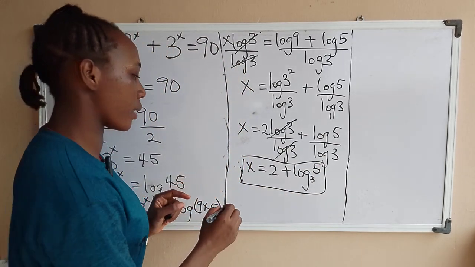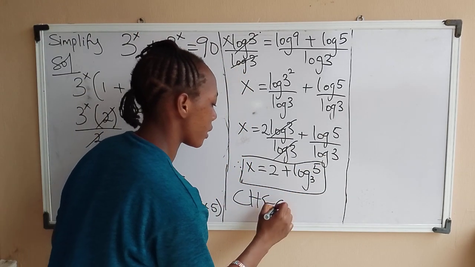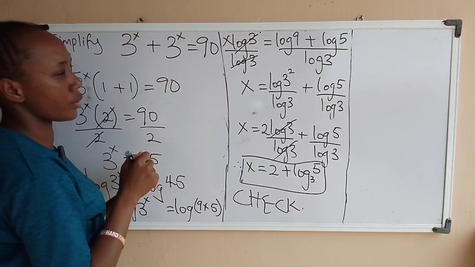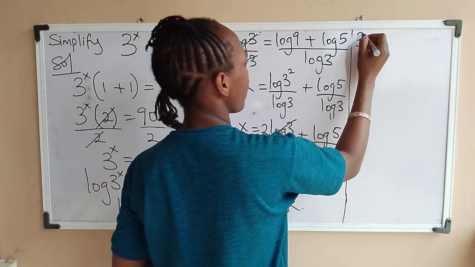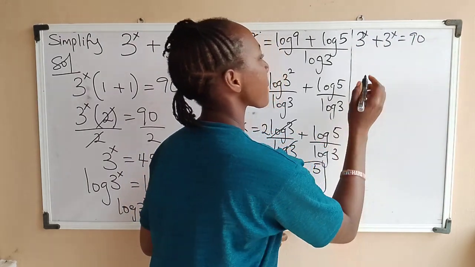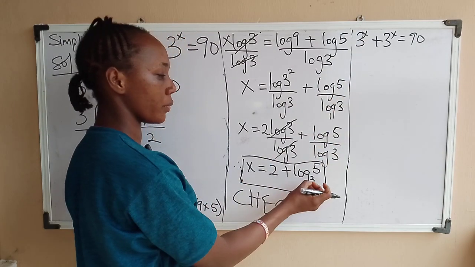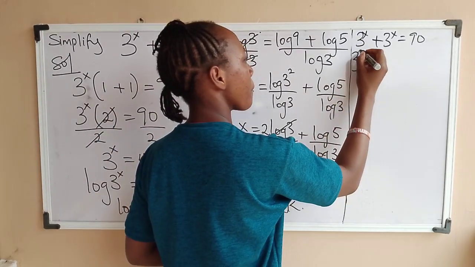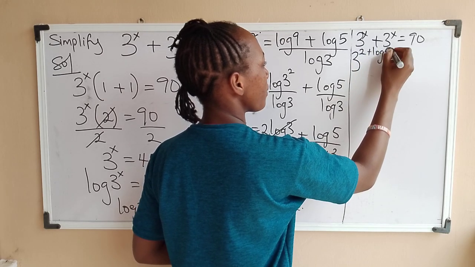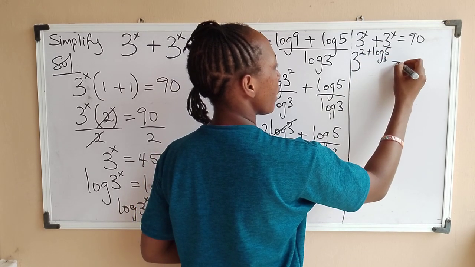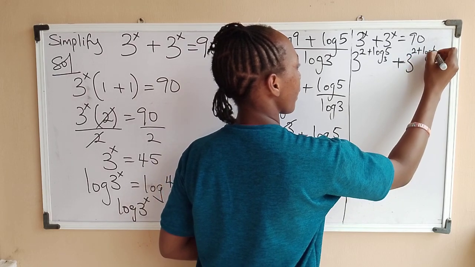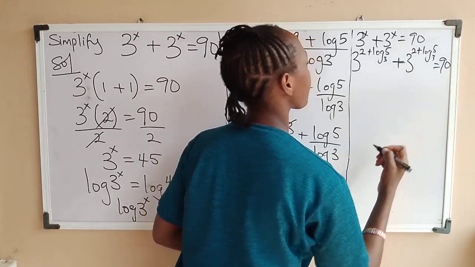So we want to check and see if what we did is correct using this question. We have 3 to the power of x plus 3 to the power of x equals 90. Now remember, our x value is the whole of this. So we're going to say 3 to the power of (2 plus log 5 base 3) plus 3 to the power of (2 plus log 5 base 3) equals 90.